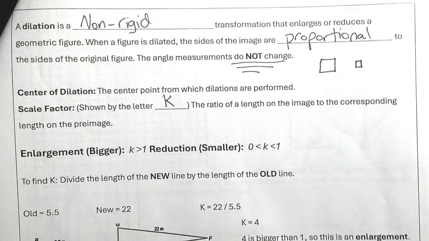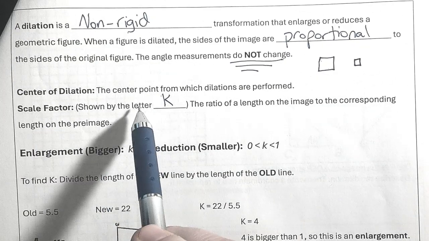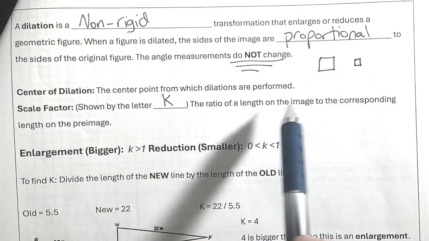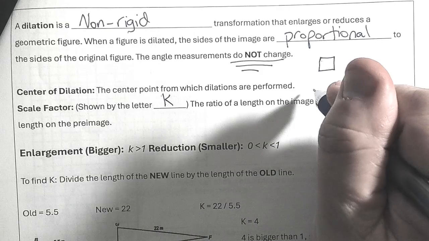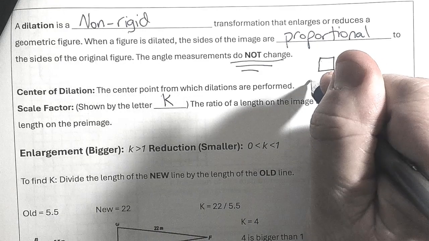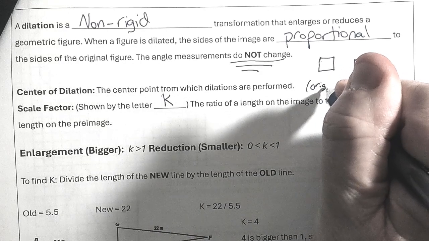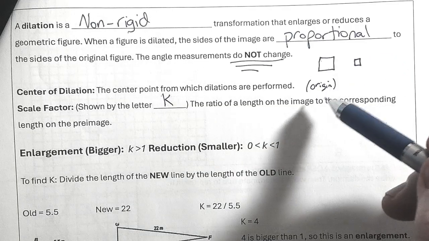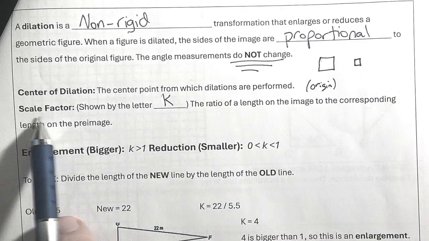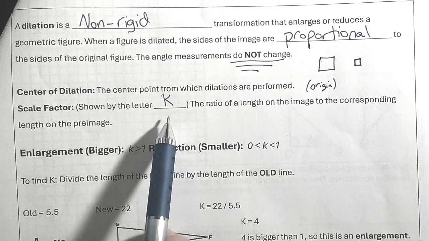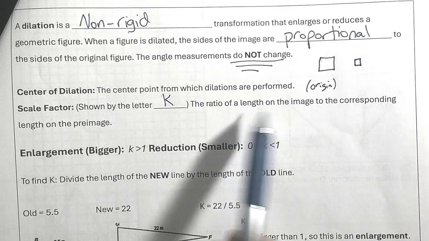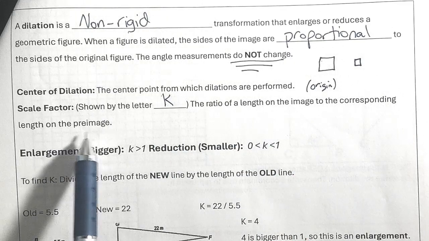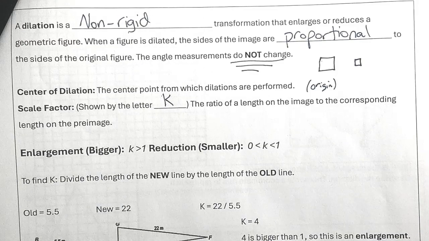The center of dilation is the center point from which the dilation is performed. Most of the time it's going to be the origin, but sometimes it's not. The scale factor, also letter K, is the ratio of the length of the image to the corresponding length of the pre-image.